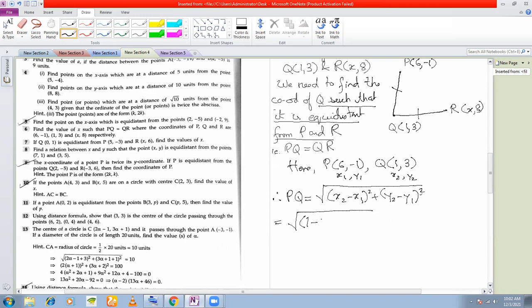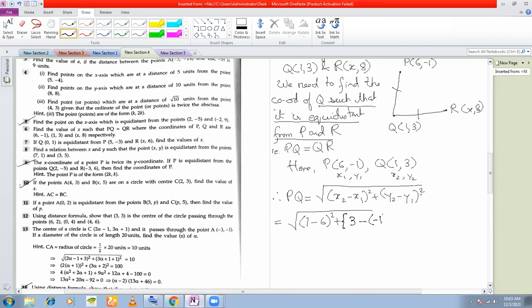(x2 minus x1) whole square plus y2 minus y1. Now see here, y1 is negative, right? So what you can do is put a bracket here. The value of y2 is 3, minus, and the value of y1 is minus 1.